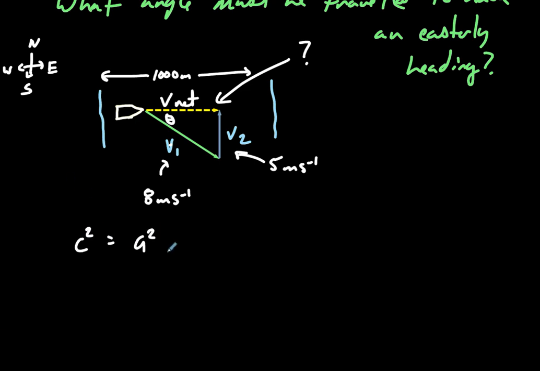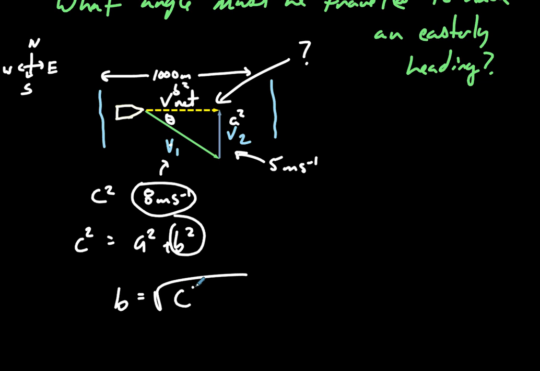C squared equals a squared plus b squared. So in this case, the hypotenuse is c squared, and we want to get b squared. And we have a squared. So what we have to do here is say b then is equal to the root of c squared minus a squared. So you have to do some algebra with your Pythagoras, okay?